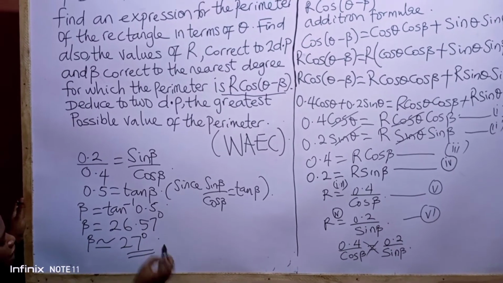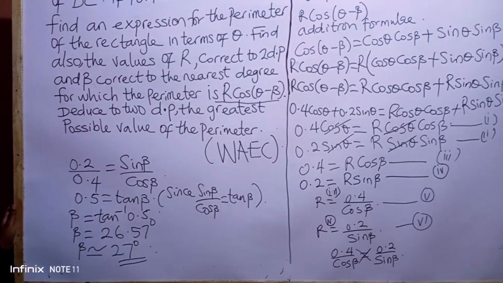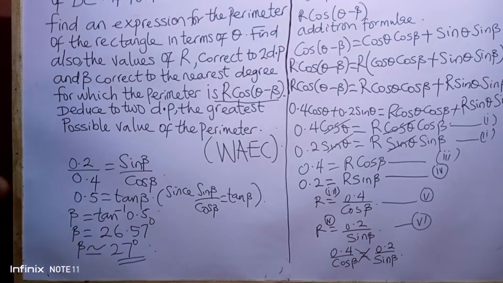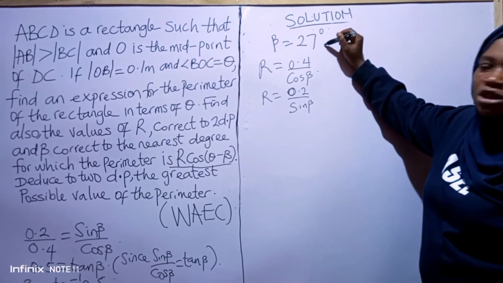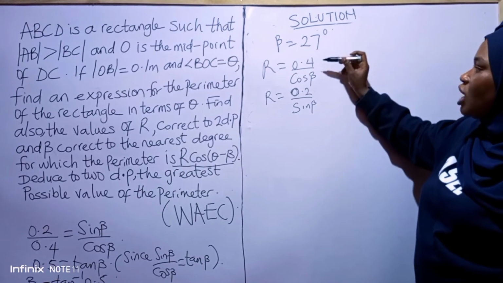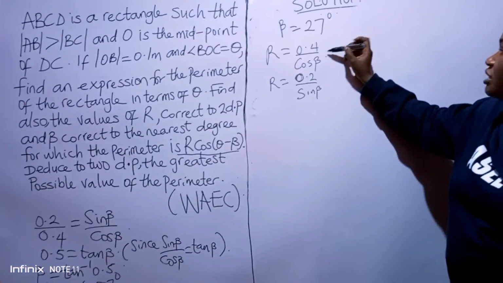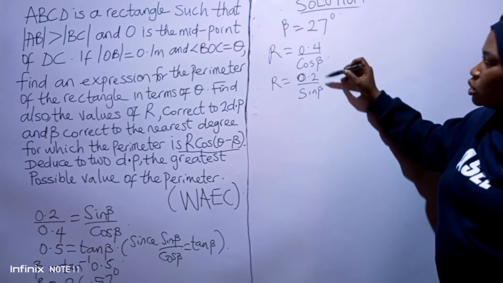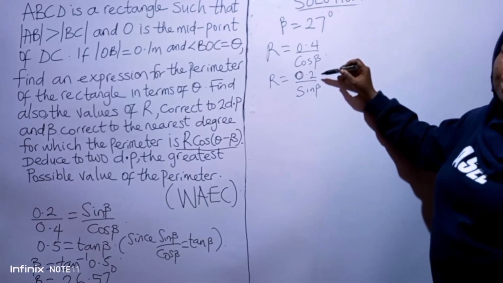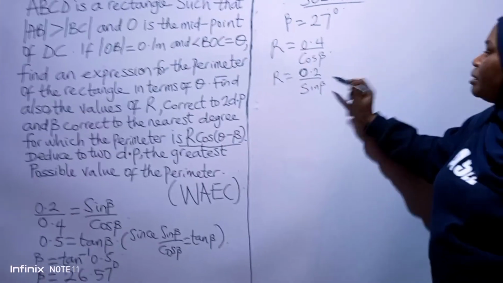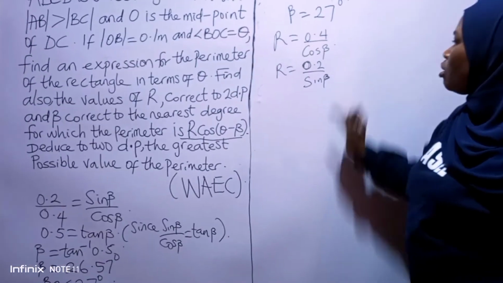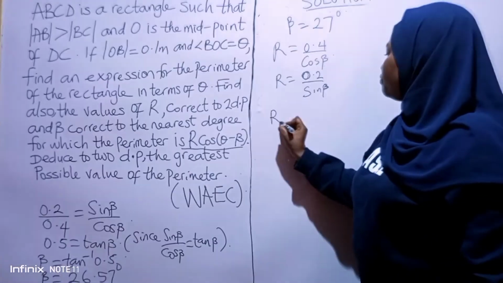We have known the value of beta, so we can find the value of R. Beta is equal to 27 degrees, and we recall that R is equal to 0.4 divided by cos beta, and also R is the same thing as 0.2 over sin beta. Let's substitute the value of beta.